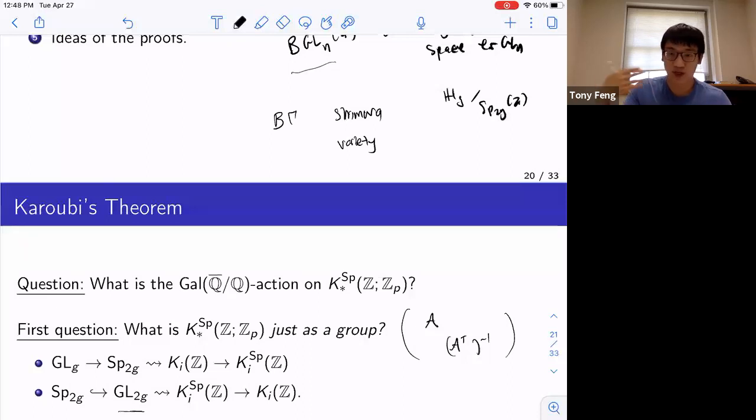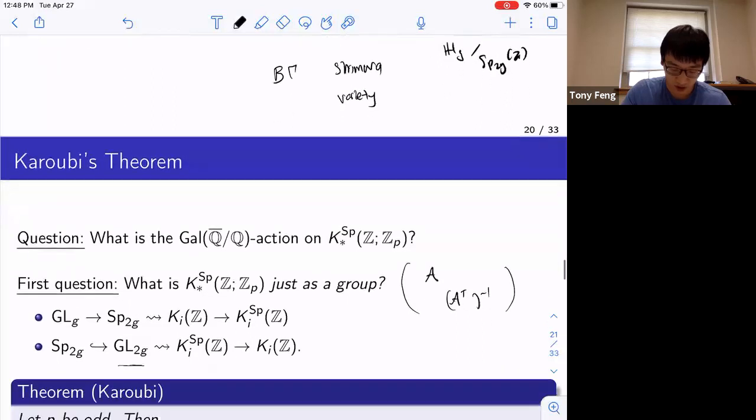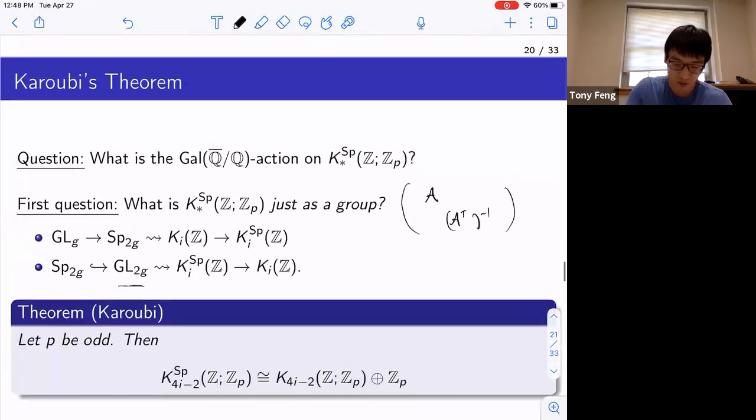And so we're going to try to relate the symplectic K-theory to the ordinary algebraic K-theory. There's a theorem of Karoubi that if p is odd, then in degree 4i minus 2, the symplectic K-theory is of this form: the direct sum of the usual algebraic K-theory plus Z_p.